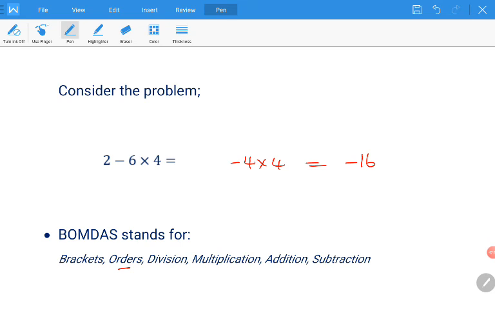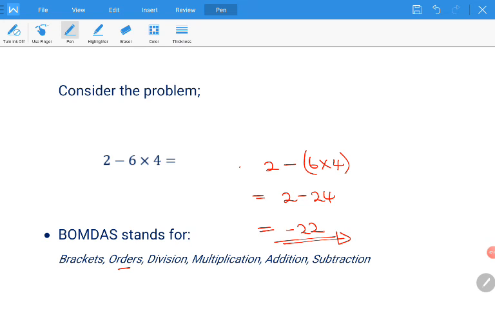If you are given this expression, you need to first put brackets for the multiplication. So this is 2 minus 6 times 4, which is equal to 2 minus 24. Then the correct answer, even if you check with your calculator, is negative 22.